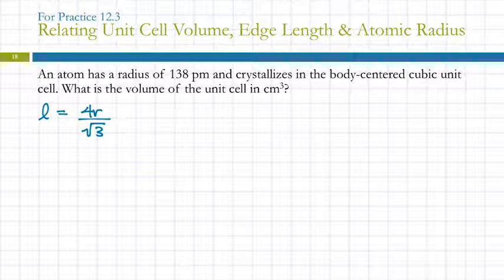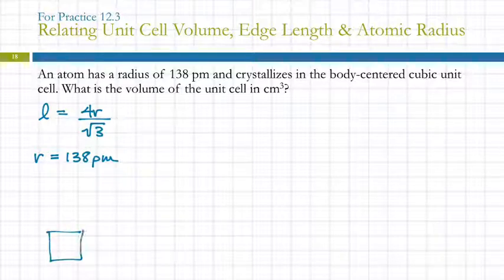So we're told that the atom has a radius of 138 picometers. So r is the radius of the atom. This is the length of the edge. It's a cube, as we've got a cube here.